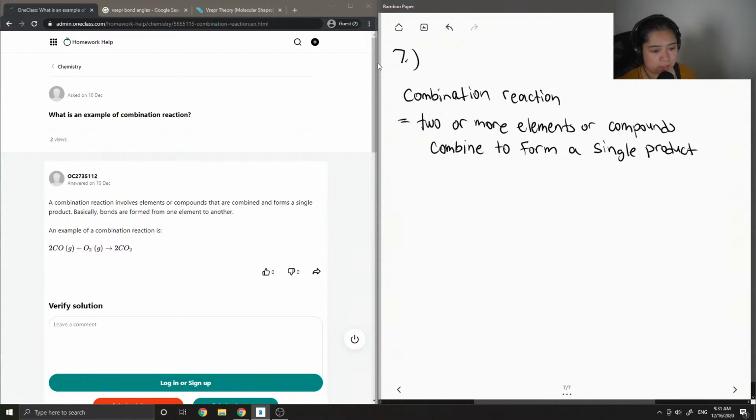Okay, so just like for a general example, if you had x plus y, this makes xy. So the question just asks for an example.